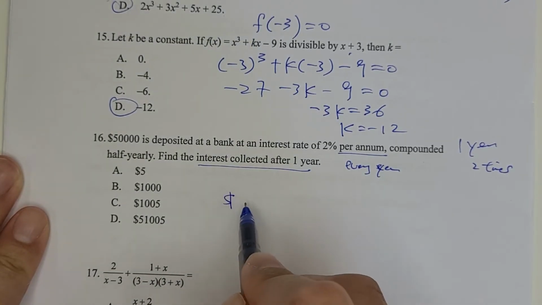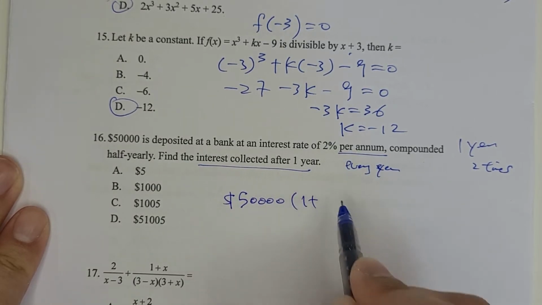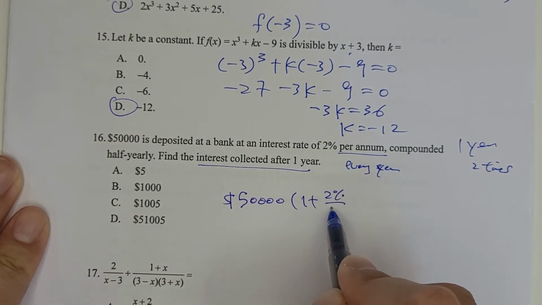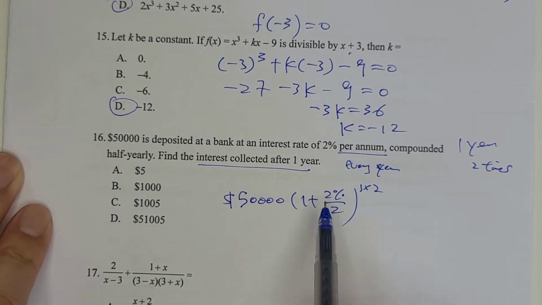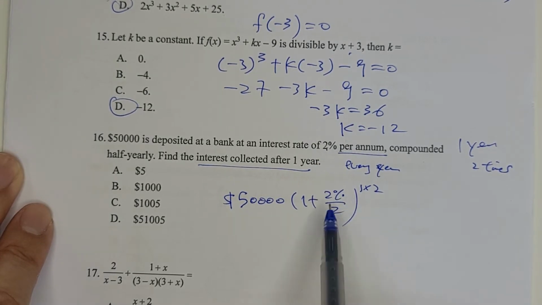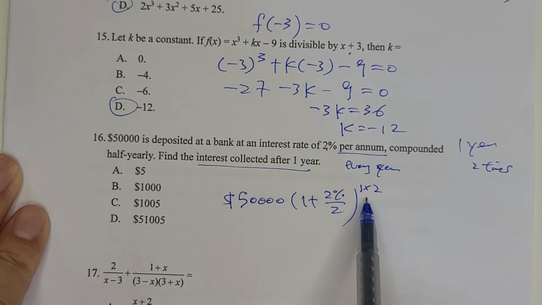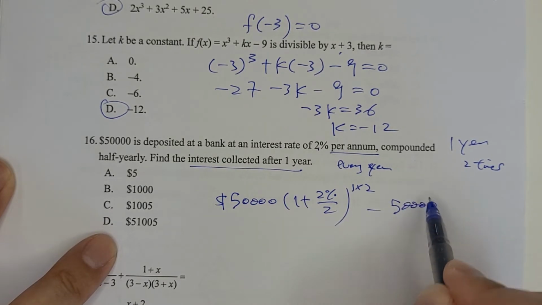So the compound interest, the total amount will be 1 plus 2% over 2, to the power 1 times 2. Because the annual rate is 2%, for every half year it just counts 1%, but it counts twice, so the power will be 1 times 2. So minus 50,000.